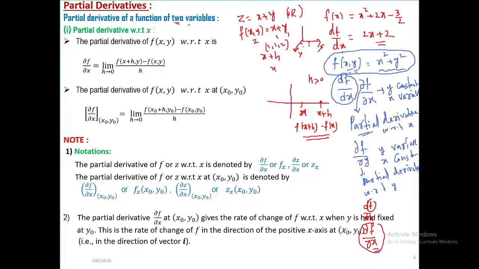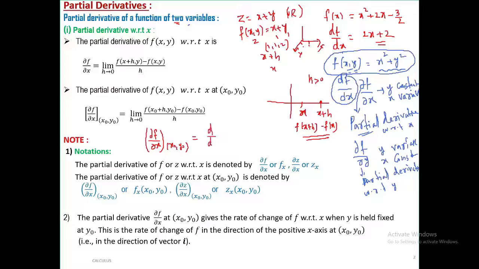So this gives you the rate of change of f with respect to x, when y is held fixed at y naught, that means y is constant now. Dou f by dou x at x naught y naught. Since you are doing the derivative with respect to x, treating y naught as constant, you can do it like this also.